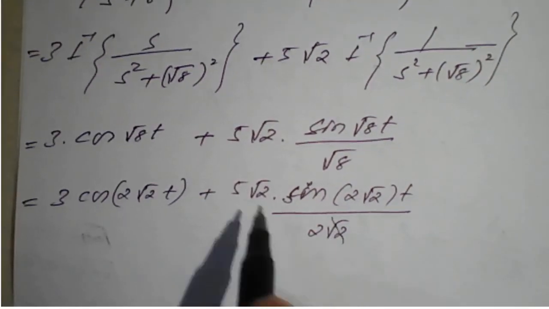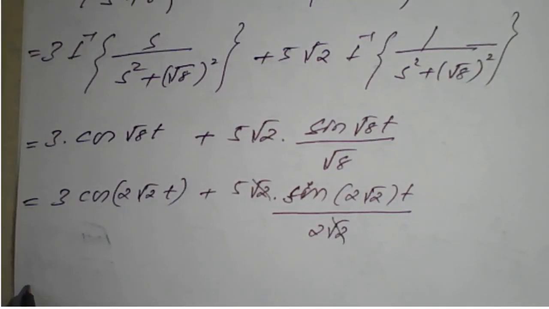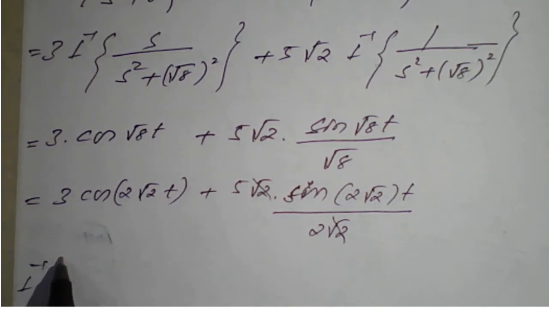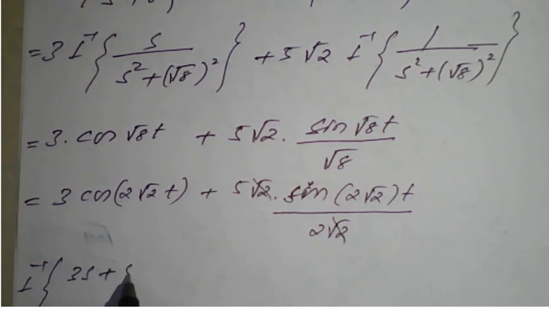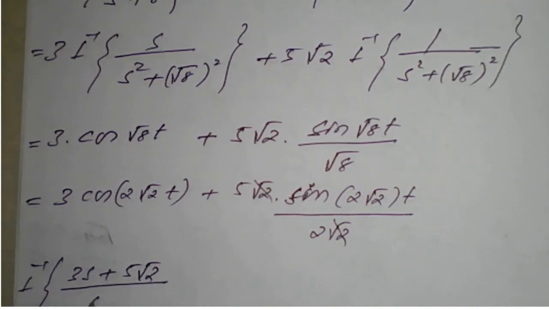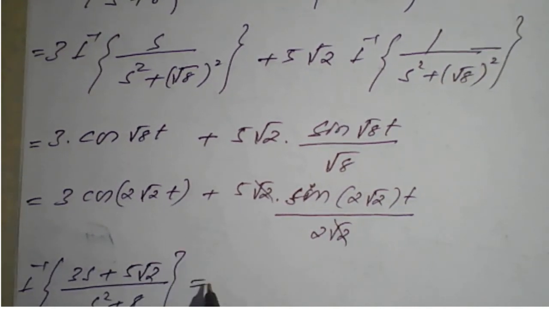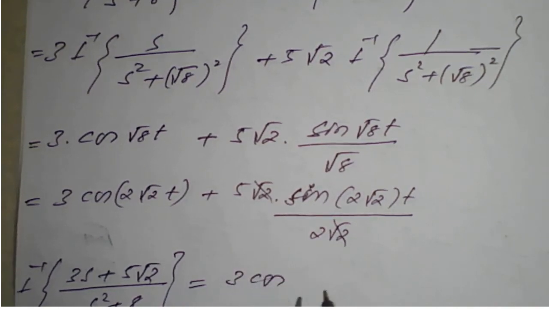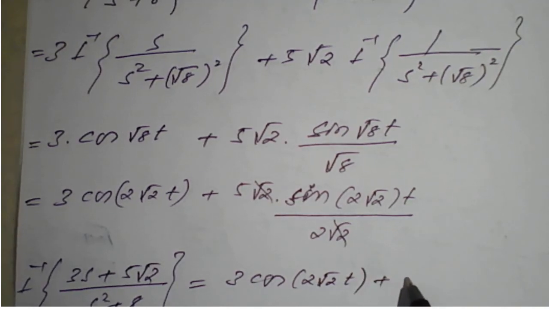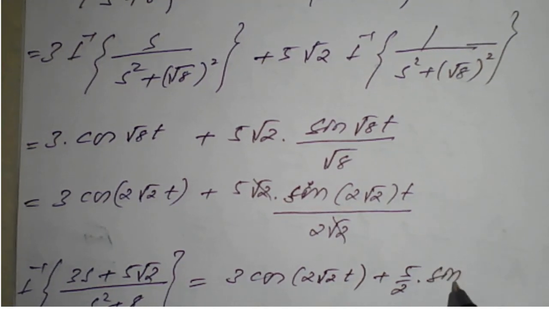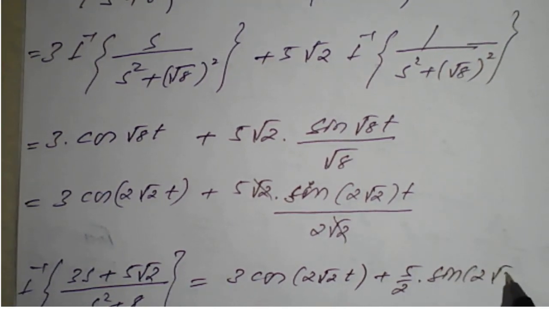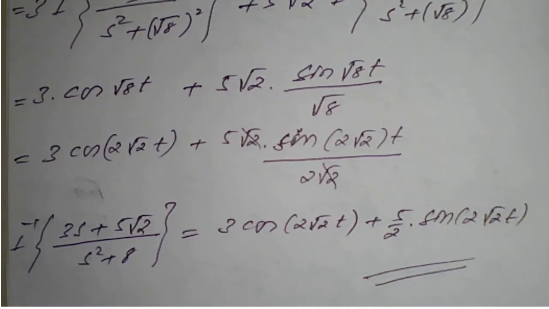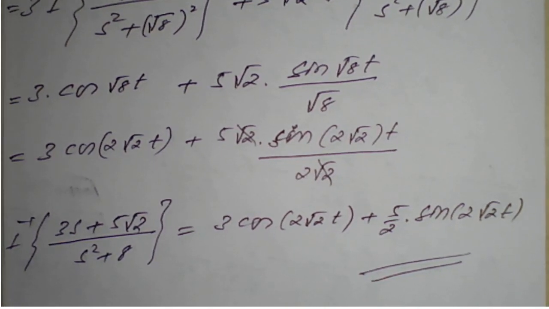So the root 2 cancels, and the final result is: the inverse Laplace transform of 3s plus 5 root 2 whole divided by s square plus 8 is 3 cos of 2 root 2 t plus 5 upon 2 into sine of 2 root 2 t. In this way we need to simplify the problems based on inverse Laplace transform.